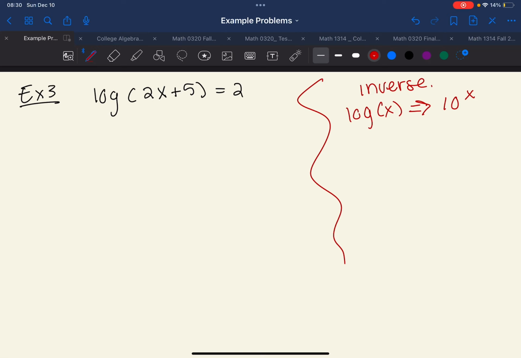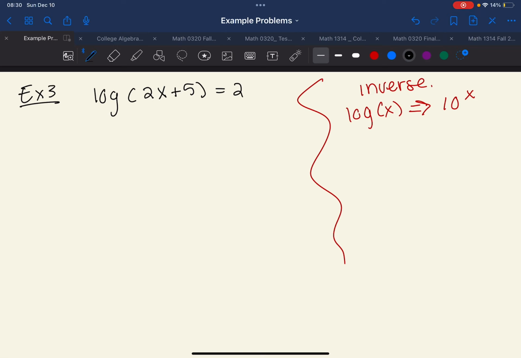Okay. So for this problem, we first check that our logarithm is by itself, which it is. Notice that it's log and then in parentheses, that's what the log is of, but there's nothing after that parentheses. There's no adding, there's no subtracting part of it, so we don't need to move anything over before we start.